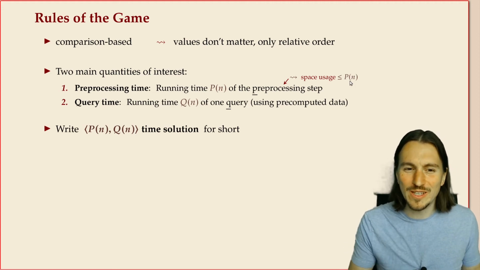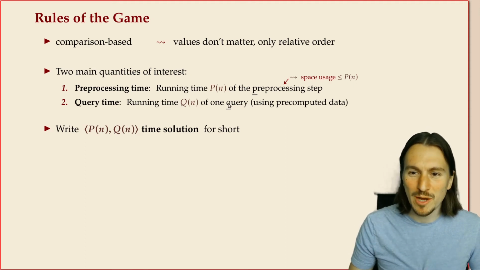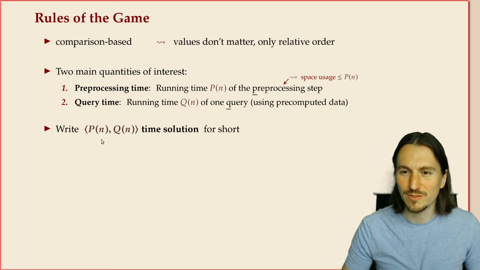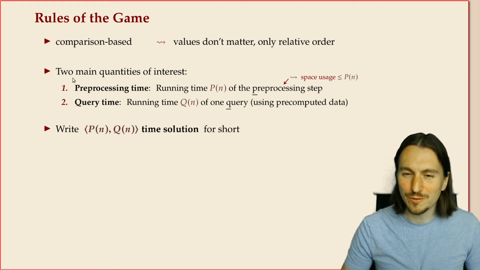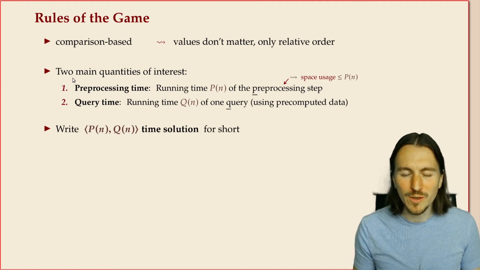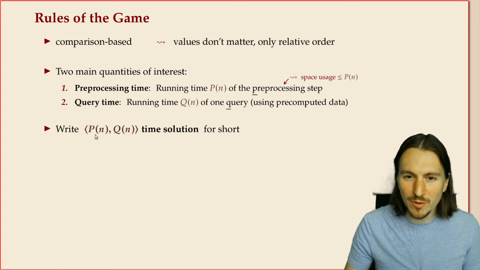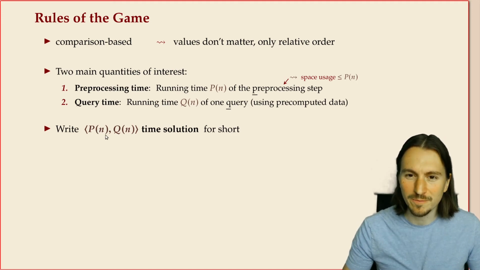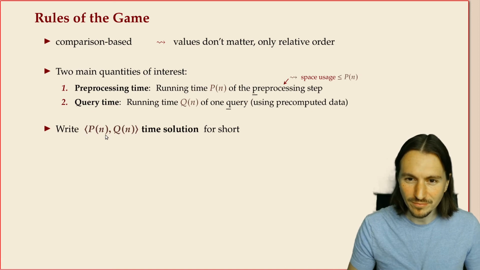You need to write it down, and that takes time. So by bounding the pre-processing time, we automatically bound the space of the data structure. So when I say here 2 main quantities of interest, that's a bit of a lie. We do care a lot about the space. It's just that by bounding the pre-processing time, we automatically get a bound on the space, and that will in general already be enough to have a best possible solution.